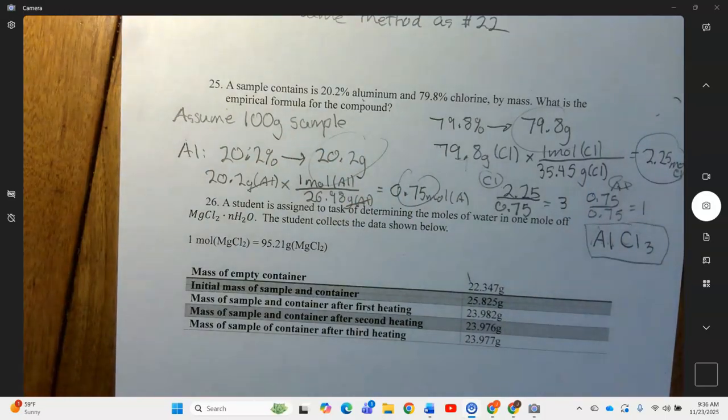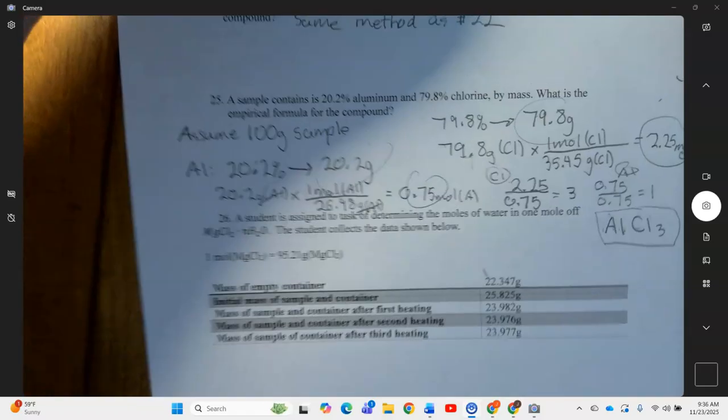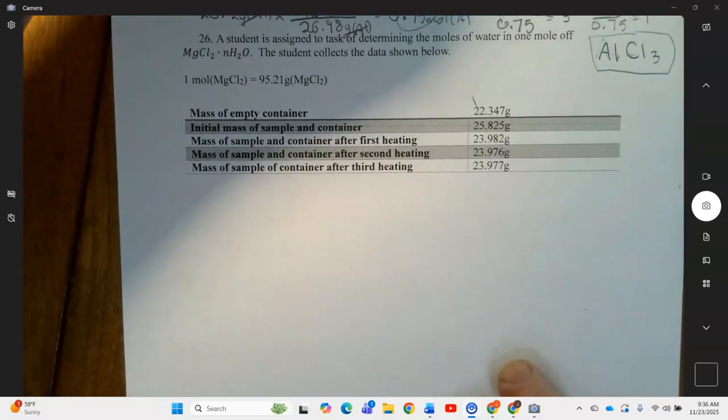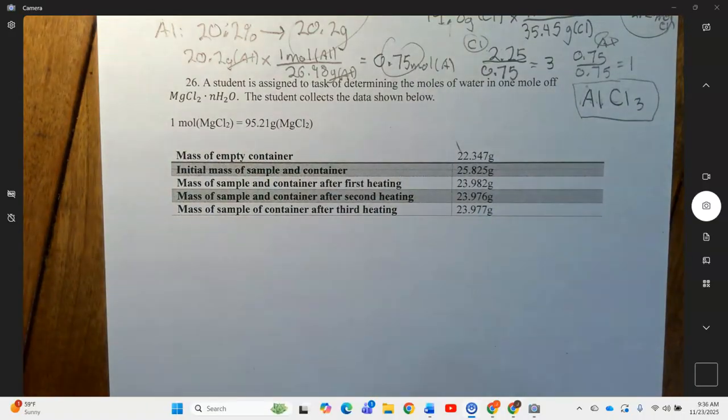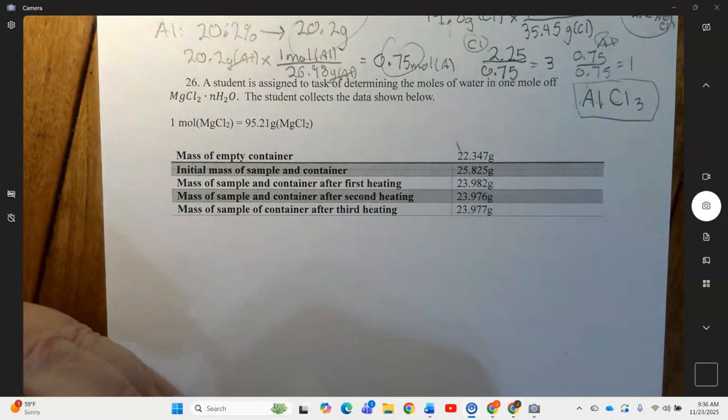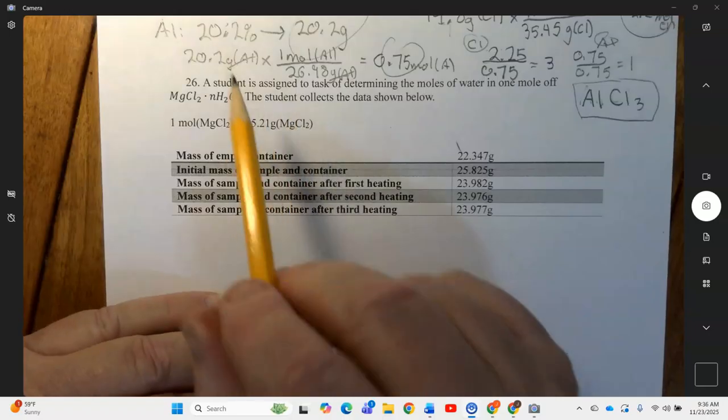All right, we're now moving on to this one, and this one is the one that's a little more involved because it's a lab scenario. So a student is assigned the task of determining the moles of water in 1 mole of MgCl2 times NH2O. So this is called the empirical formula of a hydrate.